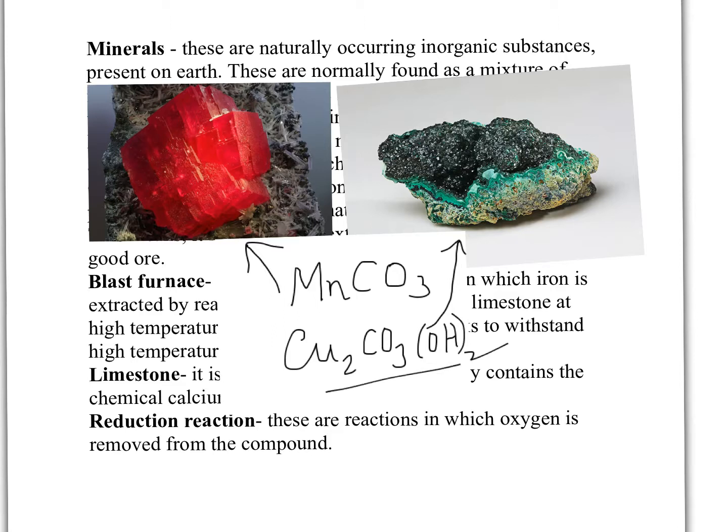You don't need to remember this formula for any purpose, but all you need to understand is they have definite chemical composition, and these are very useful things in minerals, because metals in particular and many other useful substances can be extracted from minerals.